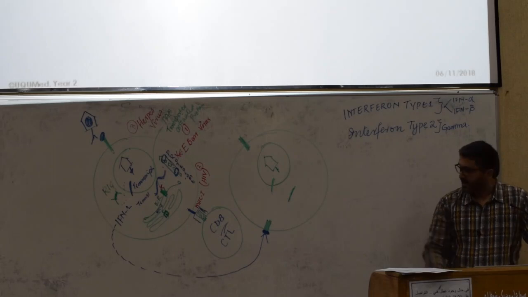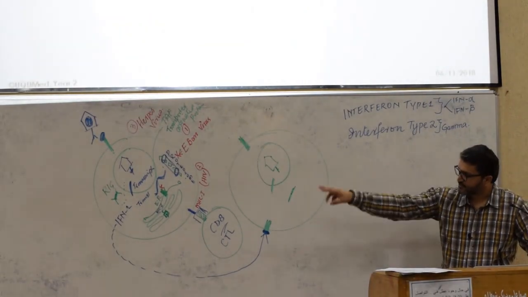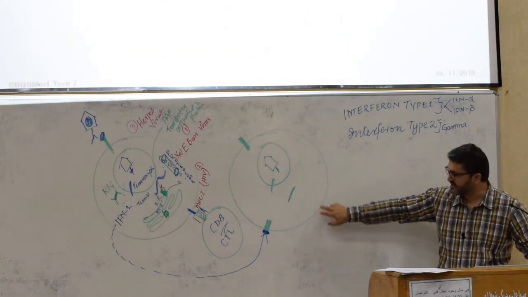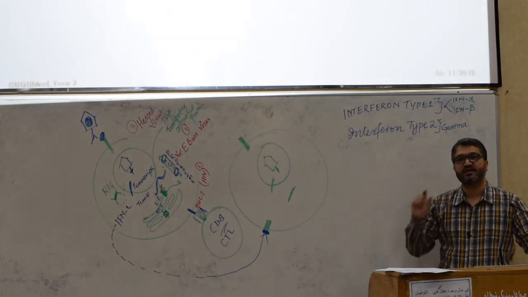Then you can see that interferon type 1, alpha and beta, is produced by the infected cell to help the uninfected or healthy cell. Sometimes what viruses do is produce soluble receptors.